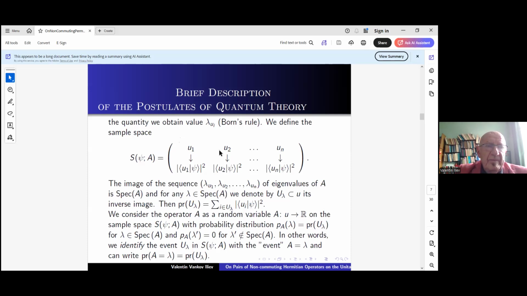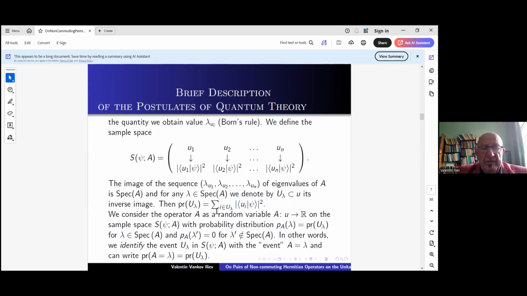We define the sample space, it is obvious. We take the eigenvectors u1, u2 up to un, and to any eigenvector we assign this probability. Because we assume that psi has norm 1, the sum of all those coefficients is 1. Then some formal considerations. The image of this sequence, there are probably repetitions there, of eigenvalues of A is the spectre of A. For any lambda in the spectre, we denote by U lambda the inverse image.